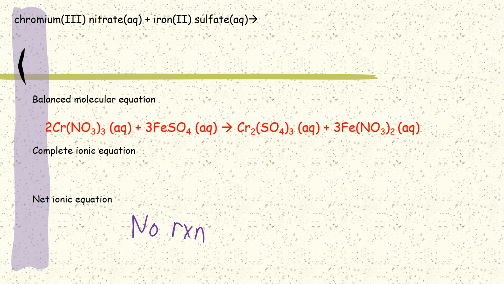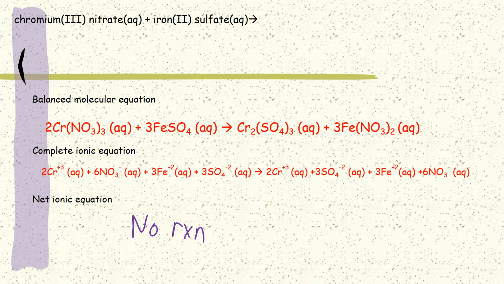For nitrate, I'm going to have to show that as 3 ions of nitrate. For iron, I have 3 ions of iron 2, and 3 ions of sulfate, 2 ions of chromium, 3 ions of sulfate, 3 ions of iron, 2 ions of sulfate.